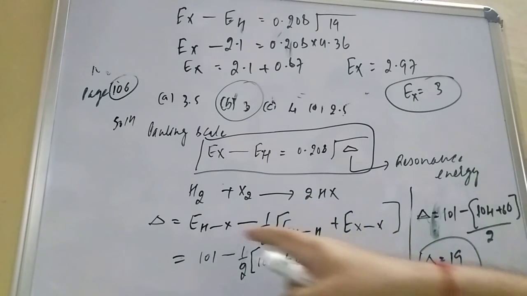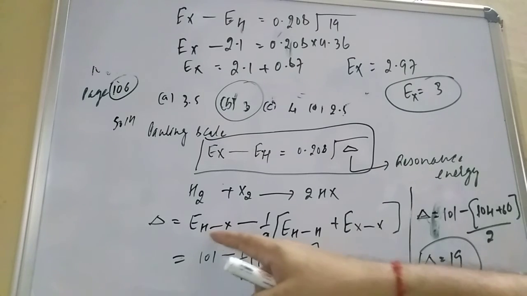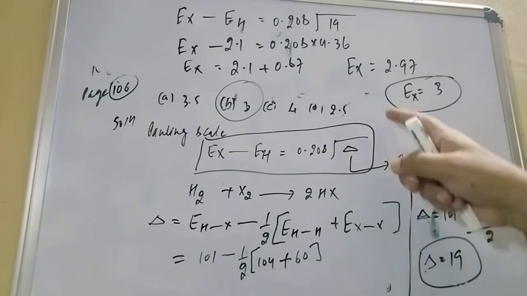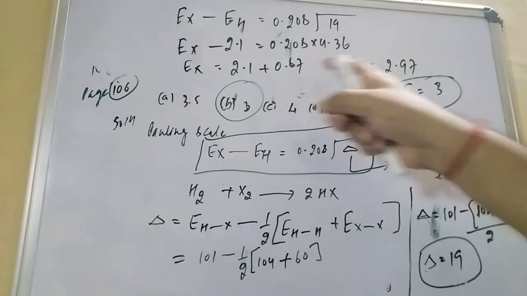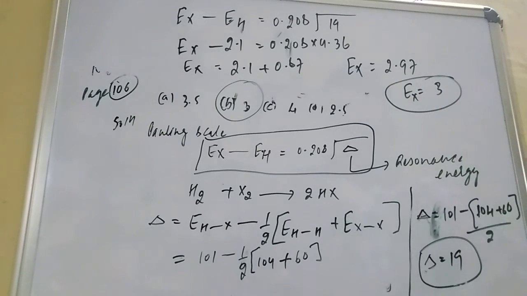At these two coefficient, this will go this side, so it will be in the division. So 101, this is HX value, 1 by 2 in square bracket, HH value 104 plus XX value is 60. If you simplify this all, you will get delta value is 19, and 19 value they have given in the question 4.36. After multiplying, EX, electronegativity of halogen, you will get 2.97.